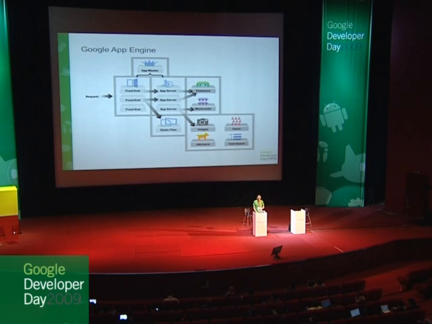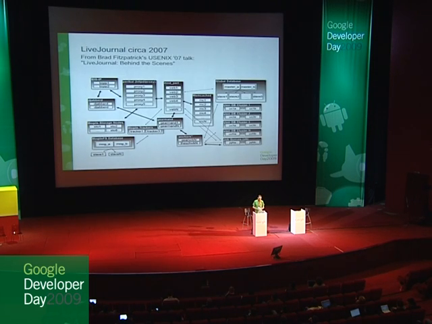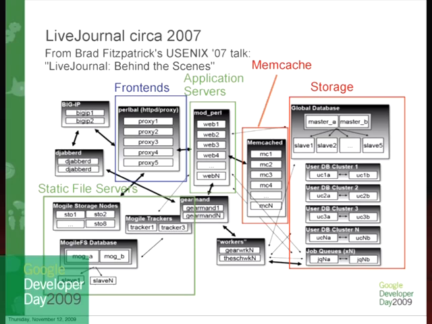Now I want to show you a different slide from 2007. This is from a talk that Brad Fitzpatrick did in 2007, and he talked about LiveJournal, which was a site that needed a lot of scalability. And you see it's a very complex system. There are all these parts to it, and this has grown over a period of time.